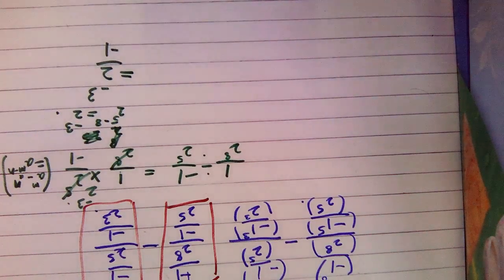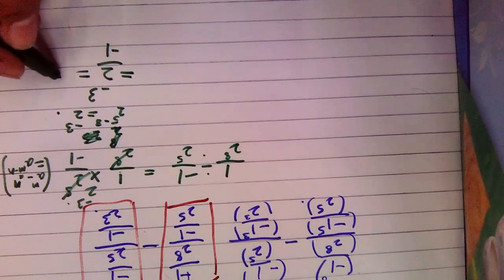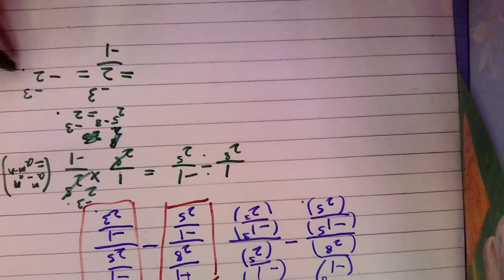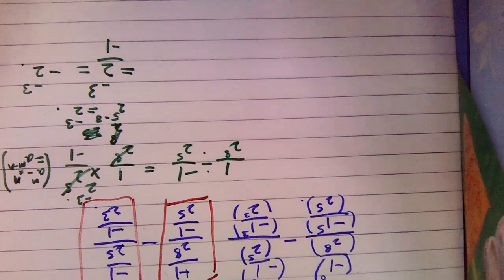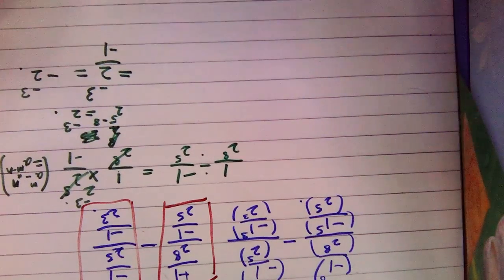If you just simplify it, you will again get minus 2 to the power of minus 3. Okay, that's it. We are now ended with the first formula and the second.